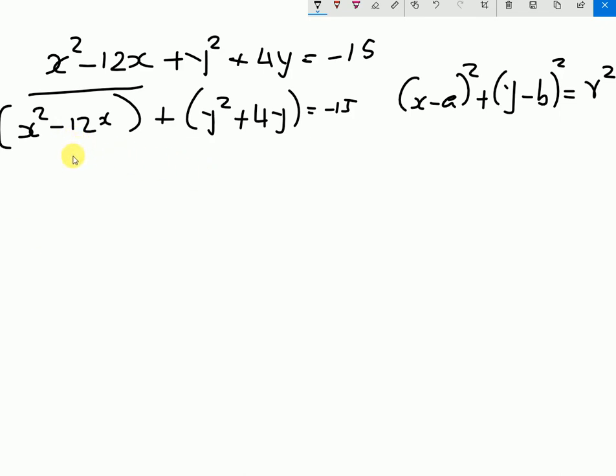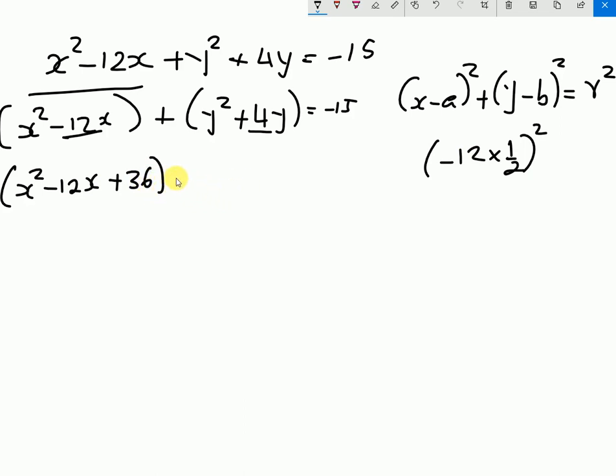And when we complete the square, we deal with the coefficient of x and the coefficient of y. You multiply this coefficient of x by half and you square it. You complete the square, meaning that this here will be x² − 12x. Half of 12 is 6, and 6 squared is positive 36.